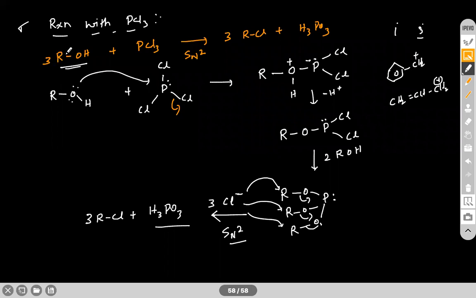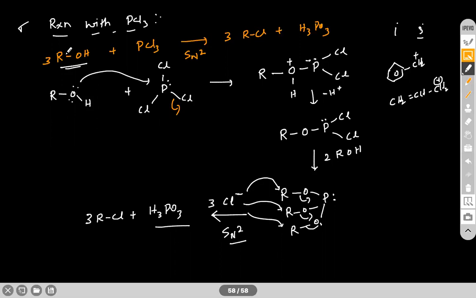Let's say what I said, Williamson ether synthesis, it is SN2 mechanism, correct? So you don't have to talk about the degree of the alkyl halide there. You have to keep in mind that Williamson ether synthesis is SN2 only. The alkyl halide must be 1 degree there. Similarly, here also the reaction of PCl3 with ROH is SN2.